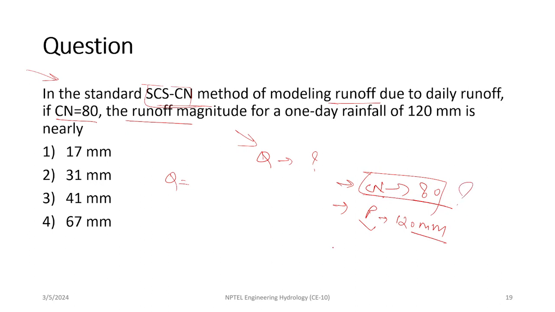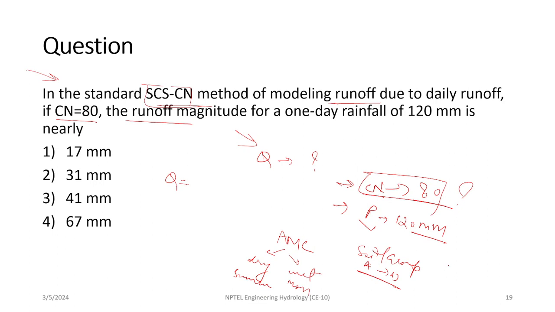There are many big tables. You may have gone through those tables also. For the AMC, that is antecedent moisture condition, the moisture condition varies with the dry condition as well as the wet condition. That means a summer as well as a monsoon condition. Then you may also have an idea about soil group, A to D. Group A soil will have this kind of infiltration capacity or moisture holding capacity.